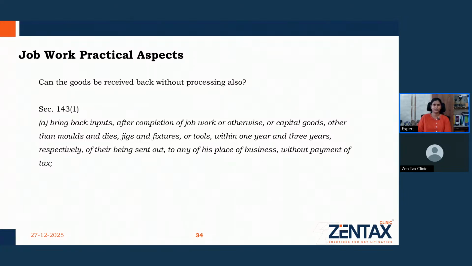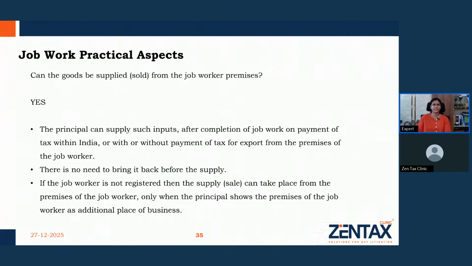Section 143(1) provides that inputs can be brought back after completion of job work or otherwise, or capital goods other than moulds and dies, jigs and fixtures or tools, within 1 year and 3 years respectively of their being sent out, to any of his places of business without payment of tax. So here they have given that the goods can be brought back after completion of job work or otherwise. From this we can say that the goods can be received without processing also.